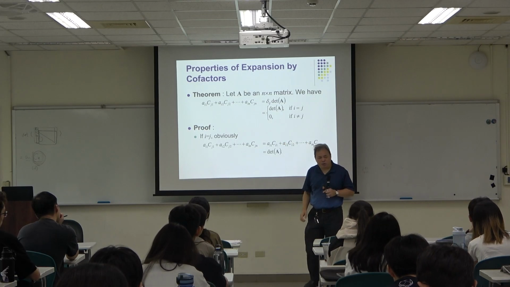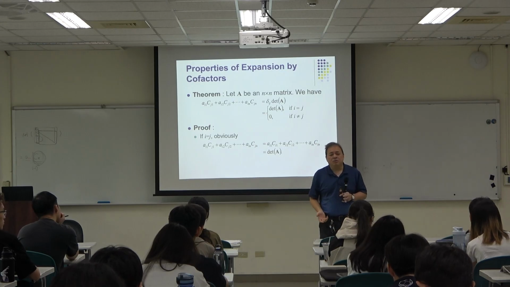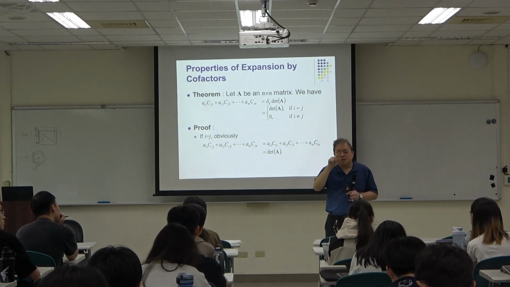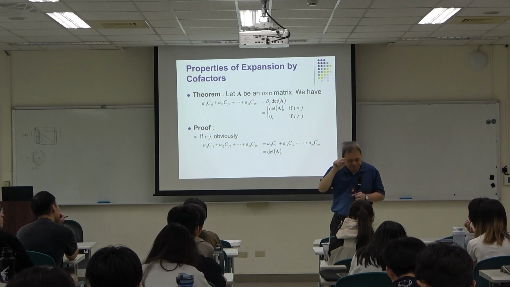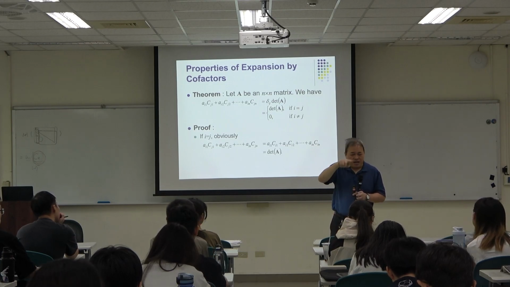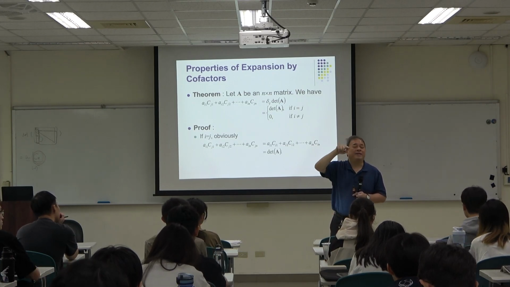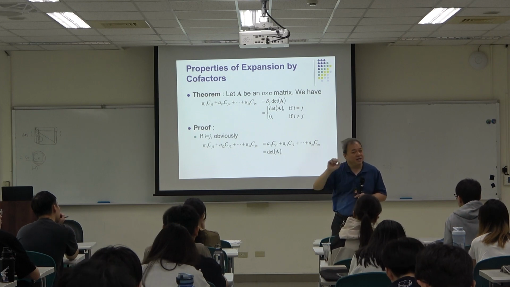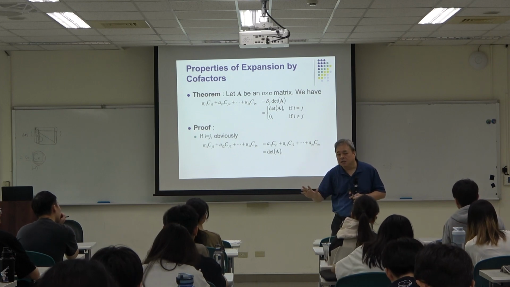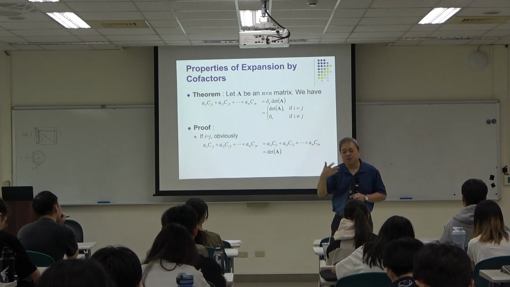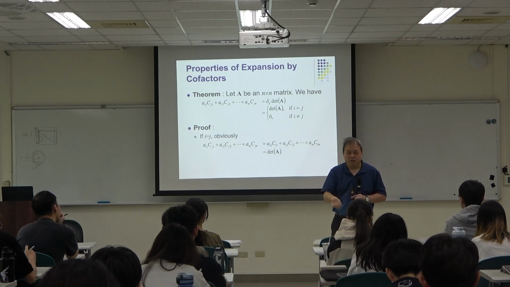What is delta ij? By the way, delta ij just means it's 1 if I equals J, and it's 0 if I does not equal J. Okay, that's a mathematical notation.